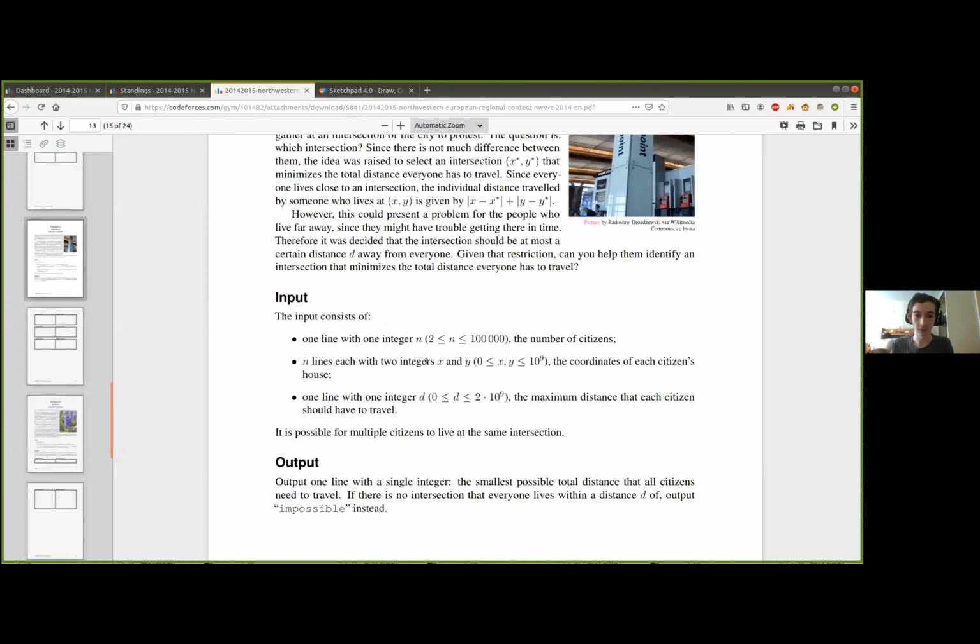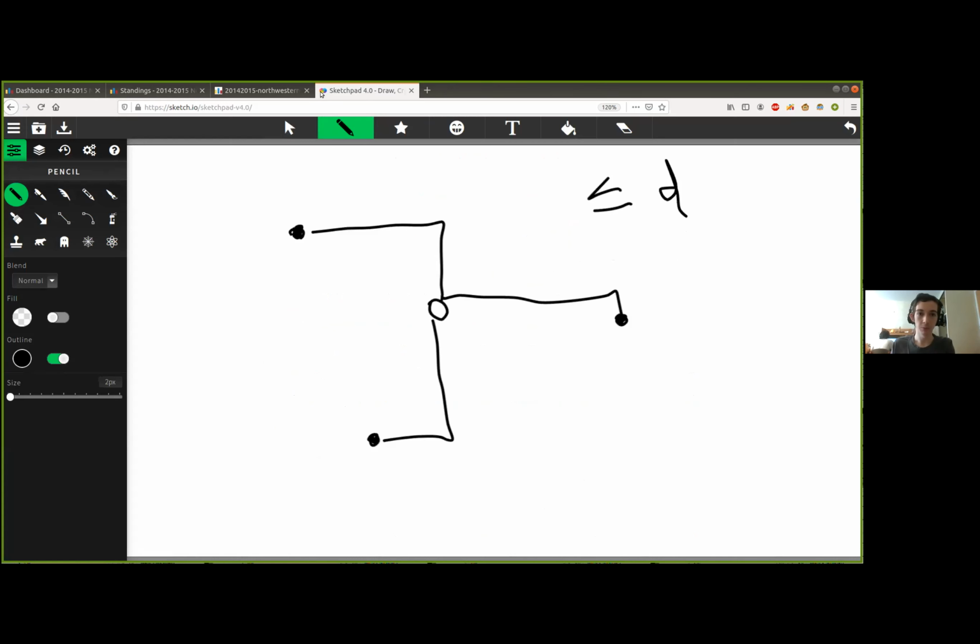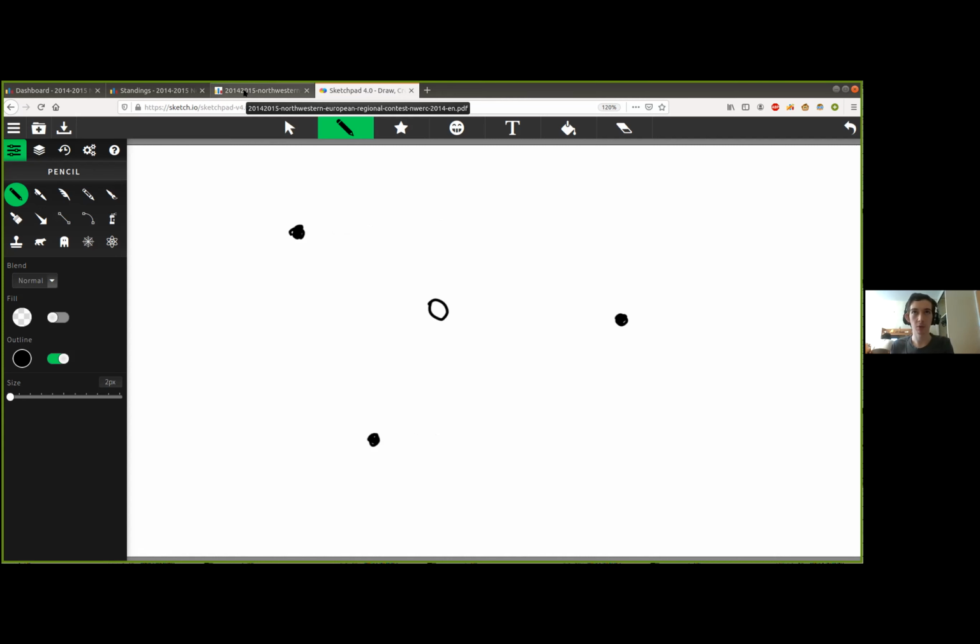We have this integer d, so we should make sure that no person has to walk more than d to get to this intersection. So that's the first requirement. And the second requirement is that among all possible intersections that they can reach by traveling at most d, you want to choose the one where the total distance walked is minimized. Okay.